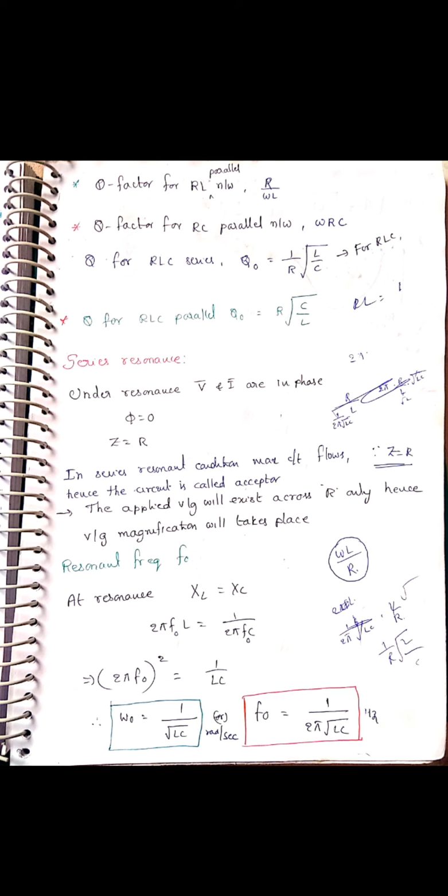Parallel means the voltage is the same. Remember, very important: voltage same. So we have to write in terms of voltage. In case of series, we write in terms of currents.